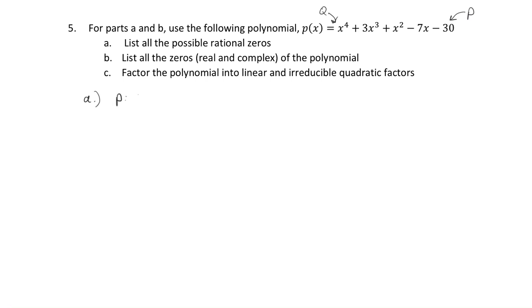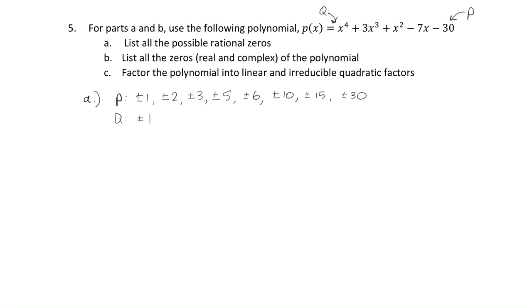So the factors of 30, plus or minus 1, 2, 3, 5, 6, 10, 15, and 30, and then for Q, it's just plus or minus 1.